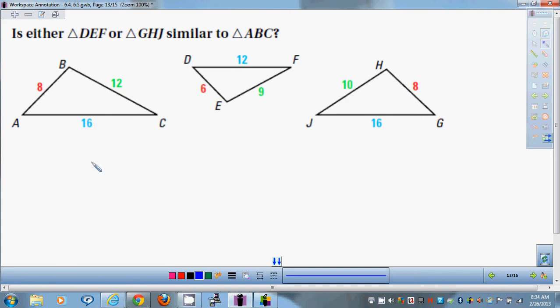Starla, what's the biggest side on this one? Very good. What's the biggest side on this one? What's the middle side on this one? 12. And what's the middle side on this one? It's a 9. Now, please notice, we didn't try to just eyeball it. We looked with the biggest, smallest, and medium.